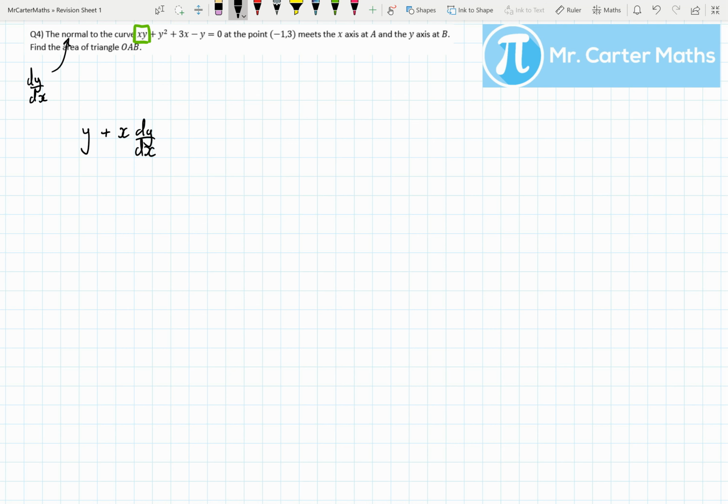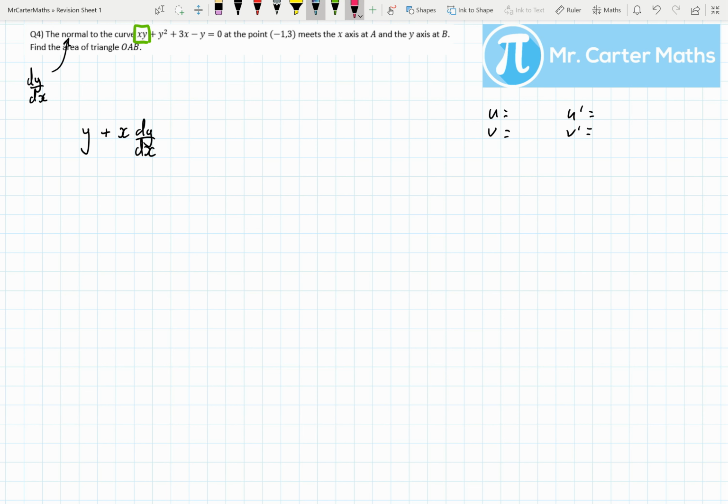Okay, it would be tempting for some people to stop and do product rule using u and v and then finding u dash and v dash. And sometimes that might be helpful. To be honest, I would try and get to a point where you're confident doing something like product rule quickly and efficiently without feeling the need to stop and do it formally. Okay, so I've differentiated that first term.